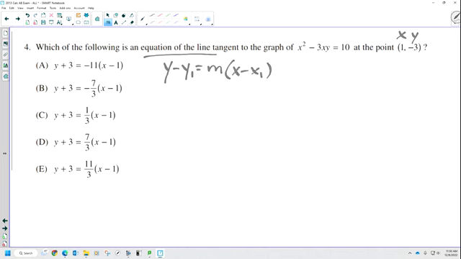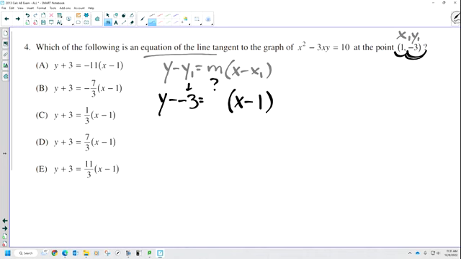This is my x1 and y1. So let's just put those in right now. So we got y minus my y1, which is -3, equals, I don't know what the slope is, times x minus my x-coordinate, which is 1.